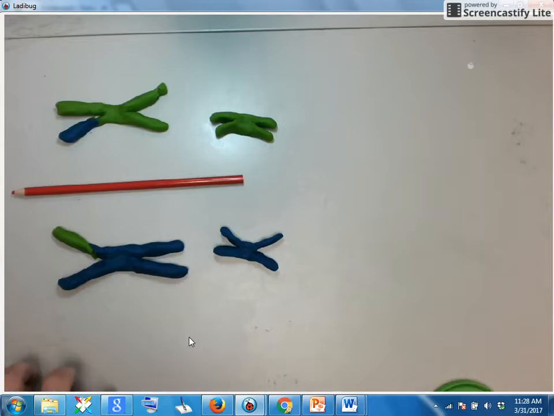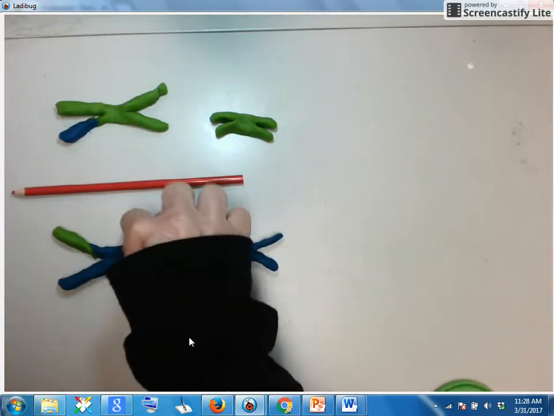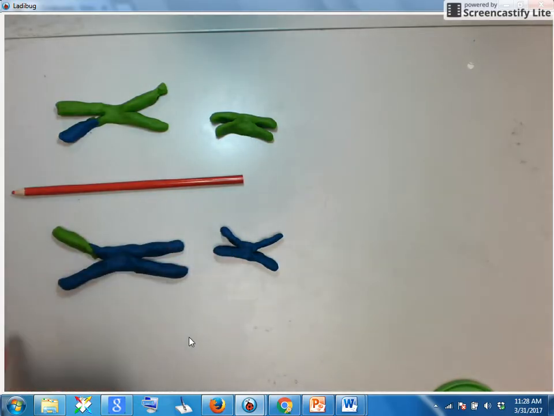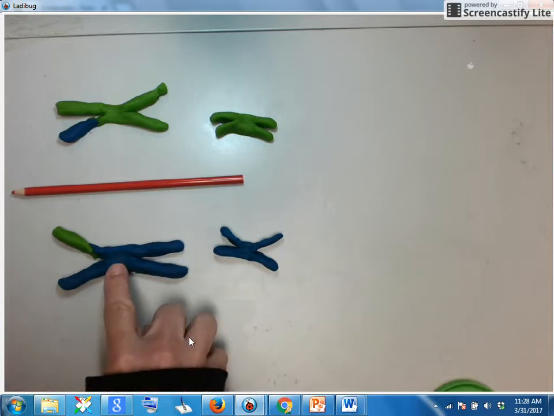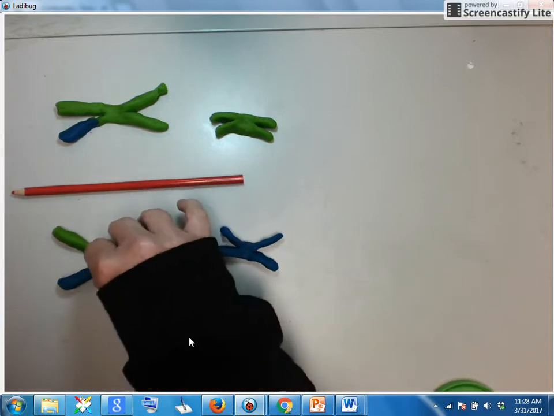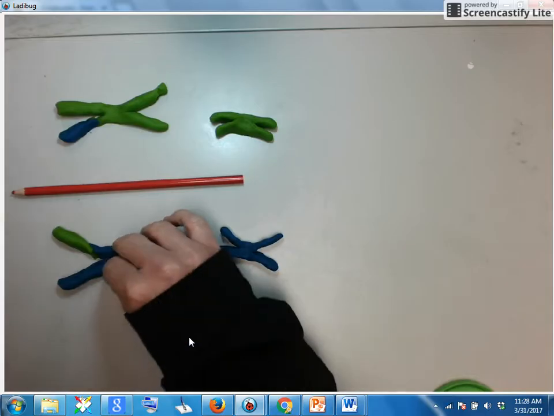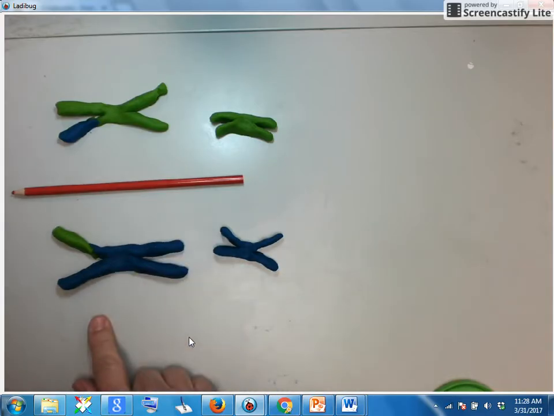Now, ploidy, haploid versus diploid. These cells at this point are considered haploid. Why are they haploid? Because you only have one. You only have the paternal chromosome here. You only have the maternal. You only have one of the two copies.